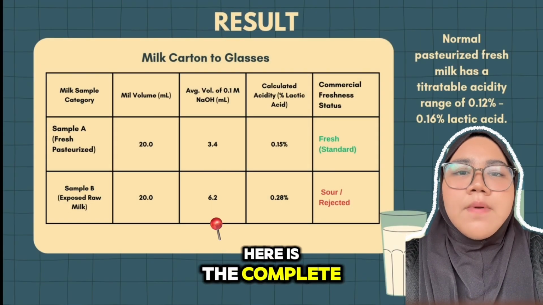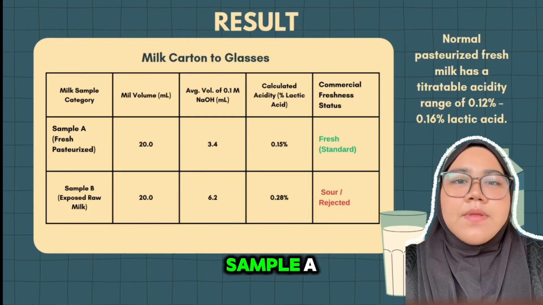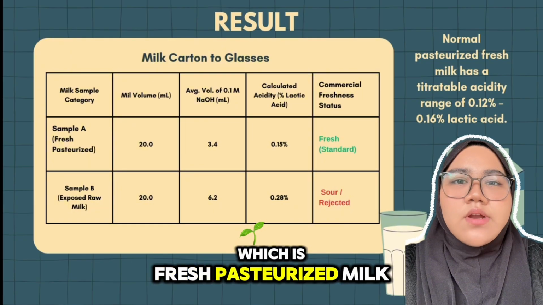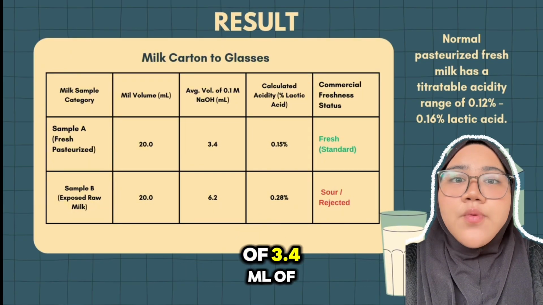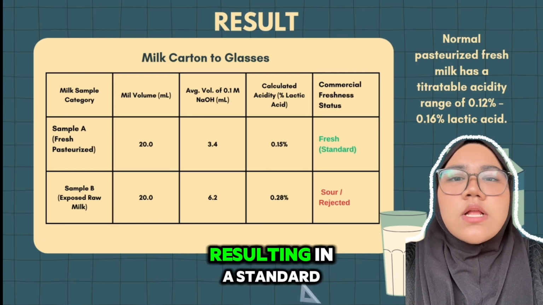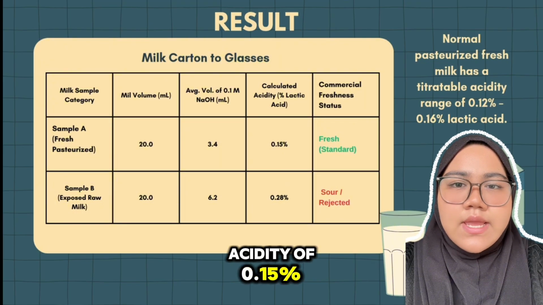Here is the complete data of our volumetric analysis. Sample A, which is fresh pasteurized milk, requires an average volume of 3.4 ml of sodium hydroxide, resulting in a standard acidity of 0.15%.